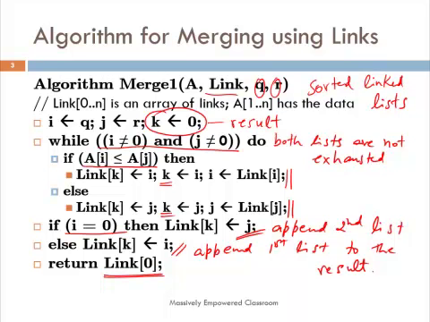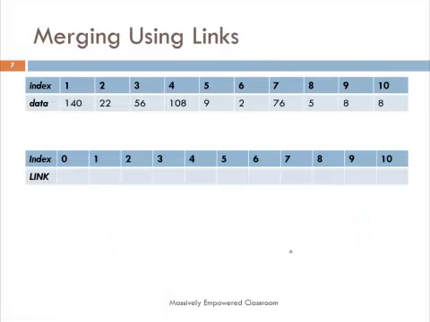We'll go through an example to see how this actually works, how the indices to the links are manipulated to construct a single merged sorted list of data elements. To write down here the values for the variables q, r, i, j and k, right?